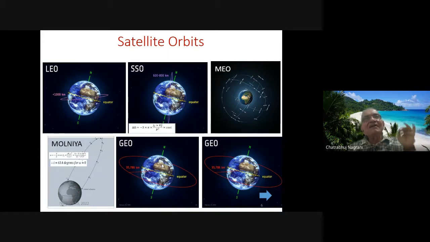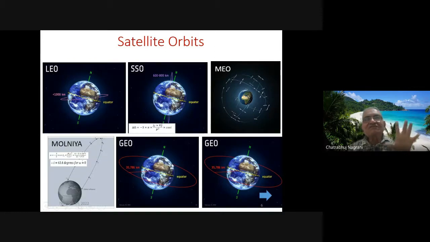So at 35,000 or 36,000 kilometers, your angular velocity is the same as the Earth's angular velocity. That is 360 degrees in 24 hours. So it also goes around the Earth 360 degrees in 24 hours. So from any location, that satellite will appear stationary to you.